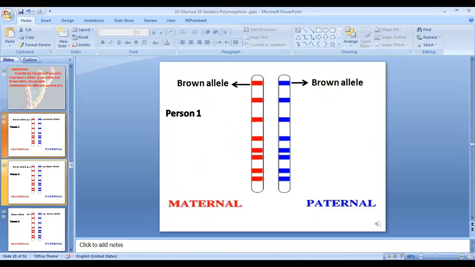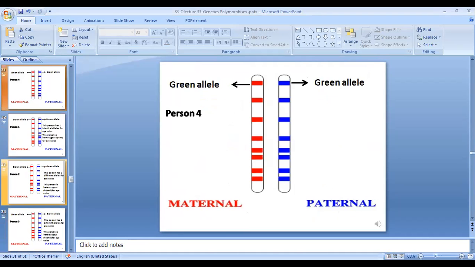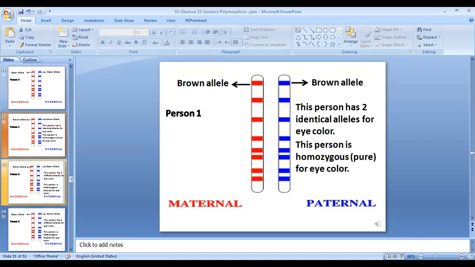Whenever it's inherited from the mother, it's called maternal. Person two, pay attention: the brown allele is inherited from the mother, and the green allele from the father. The opposite in person three: the green allele from the mother and the brown from the father. And the last one, person four, has a green allele from the father and a green allele from the mother. These two persons carry the same allele, so they are identical.